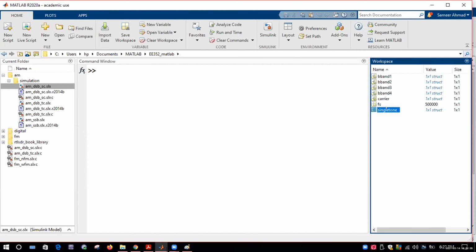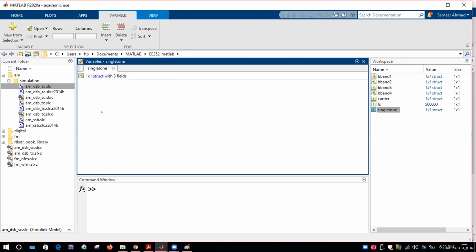Single tone, right? Double click. What do you see? Amplitude of the information signal, frequency of the information signal, and phase of the information signal, right? Is it correct? Yes. Perfect.